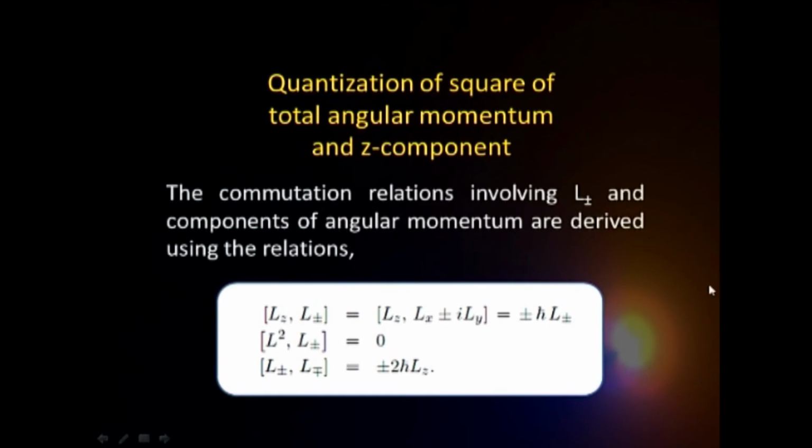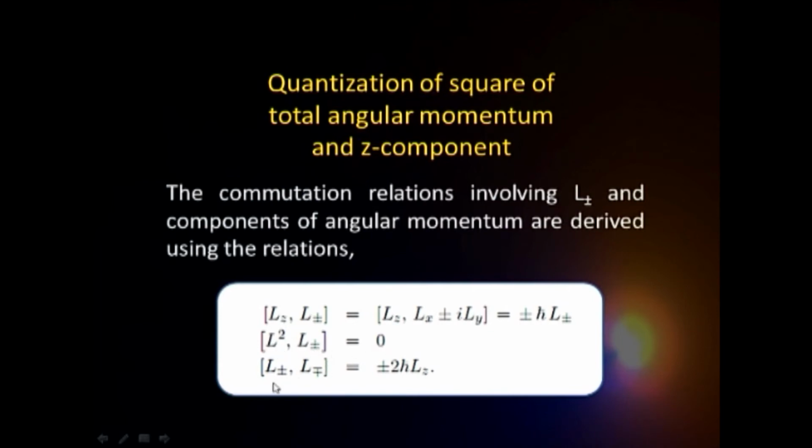on the angular momentum, and we will see that very important results can be obtained if we operate with the ladder operators. There is certain algebra that can be obtained if we carry out the interaction of Lz with L plus minus. That is the way we can get results, and the commutator of L square with L plus minus is 0.